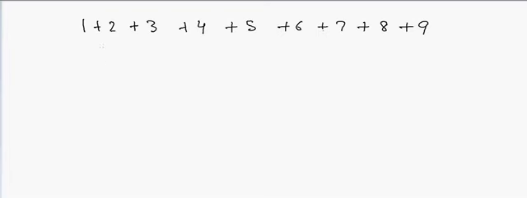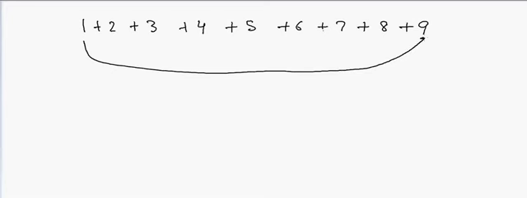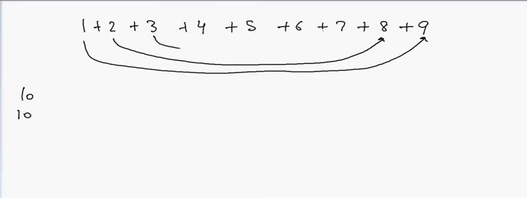If we look carefully, we can add 1 and 9 here, so we get a 10. Then we can add 2 and 8, so we get another 10. Then 3 and 7, another 10.